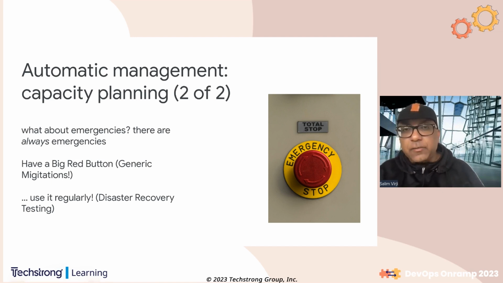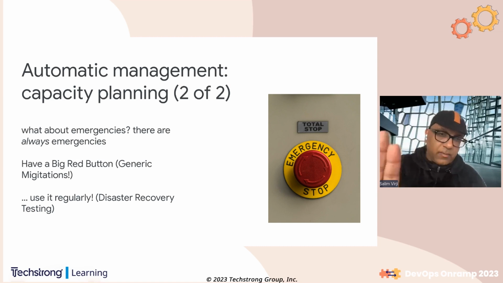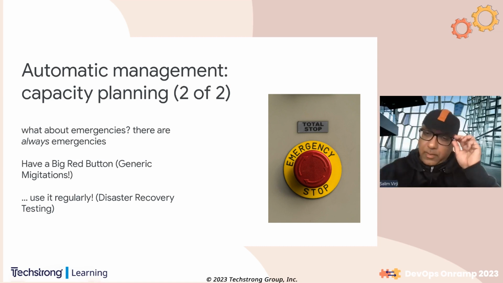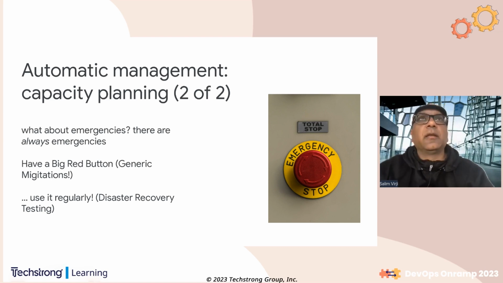So in addition to any guardrails that your capacity plan provides, you should also have a big red button. And this big red button, we call them generic mitigations. It's a way to just hit stop and inhibit the further growth of your system until you can diagnose what was causing this very rapid growth and address that root cause.